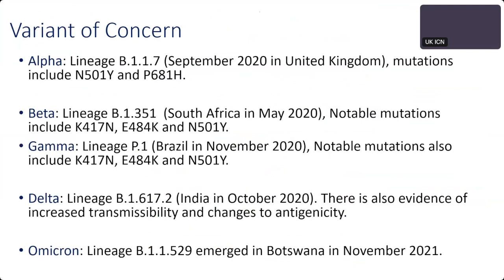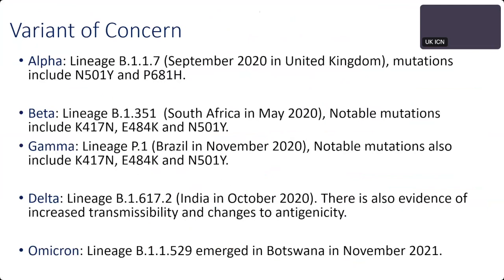This is just a brief outline of variants of concern on the basis of their origin and their mutations. For instance, Alpha has mutations N501Y and P681H. It originated in the United Kingdom in 2020. Beta originated in South Africa in May 2020, and Gamma in November 2020.